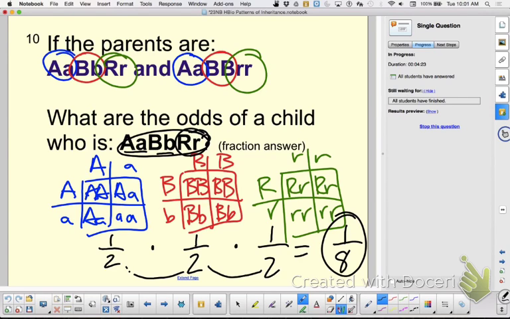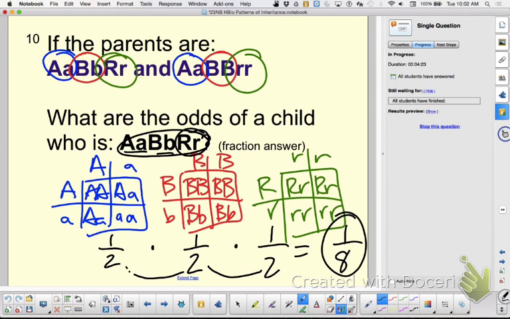Riddle me this one. Don't say anything out loud. Just do it on your paper as we finish up. What are the odds of getting an offspring who is homozygous recessive for everything? Same parents, homozygous recessive for everything.